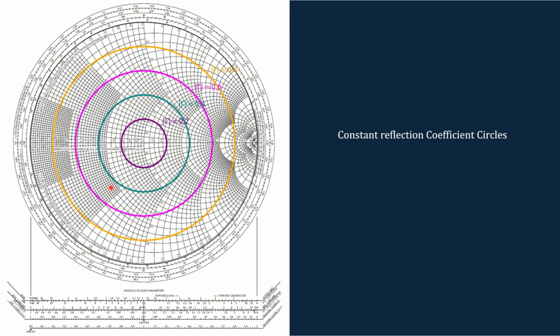Any load on this circle will have a reflection coefficient of 0.4, and so on. So any circle with the matched point as its center will have loads with the same reflection coefficient magnitude. We can consider these as constant reflection coefficient circles. As the distance from the matched load point increases, the reflection increases. If it is near this point, the reflection is less, but as the distance increases, the reflection increases.